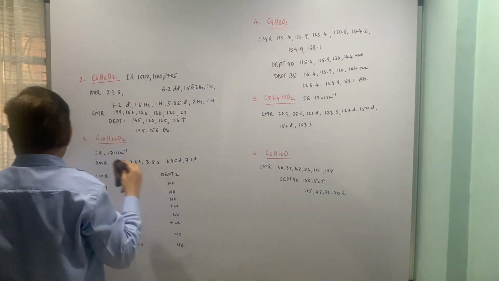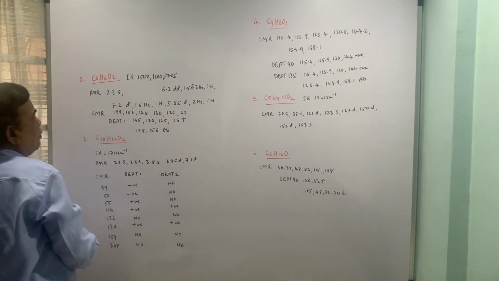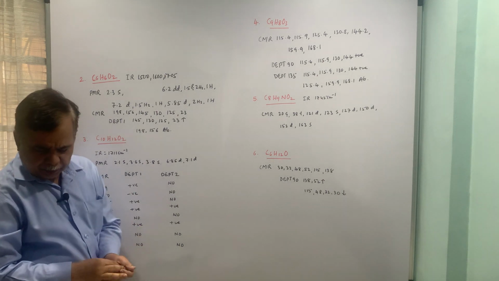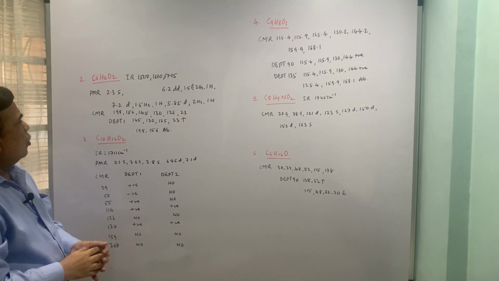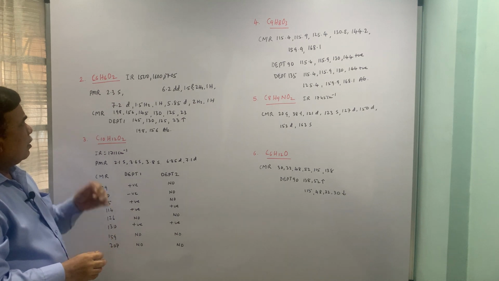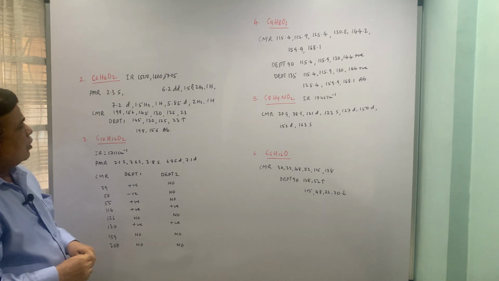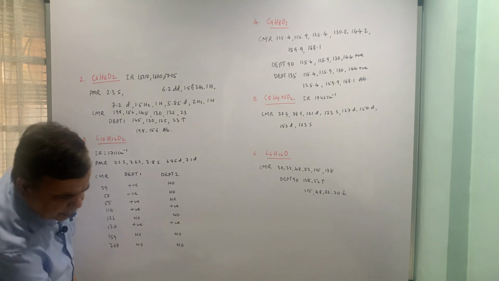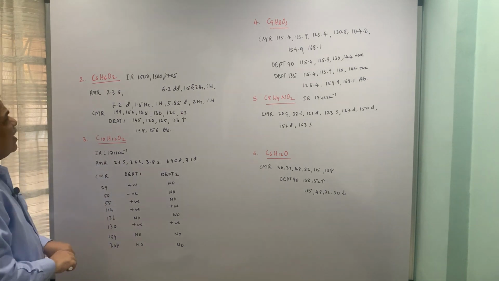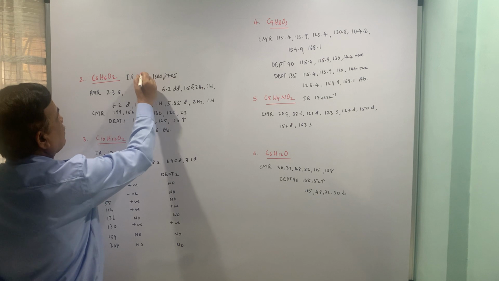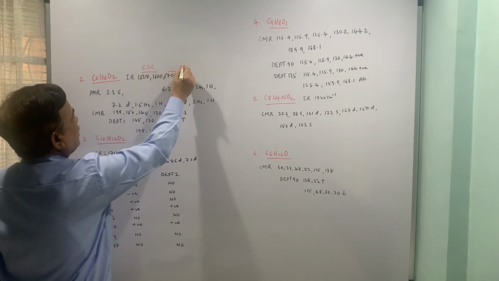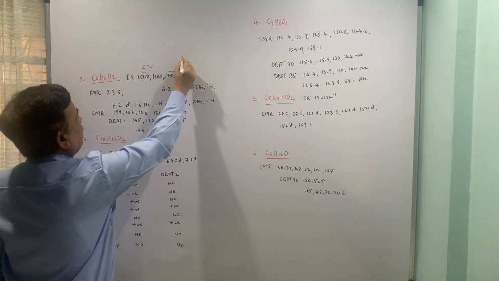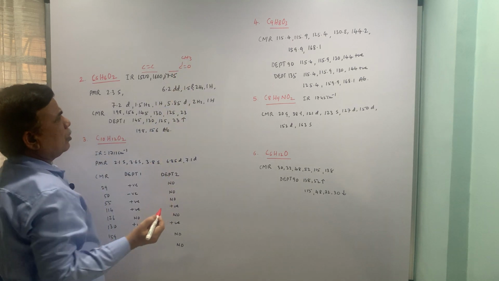Okay. Now moving on to the second example, C6H6O2. If you look at the IR values, this indicates C double bond C of aromatic, this indicates carbonyl and probably of a ketone.